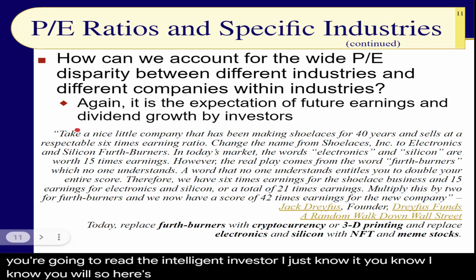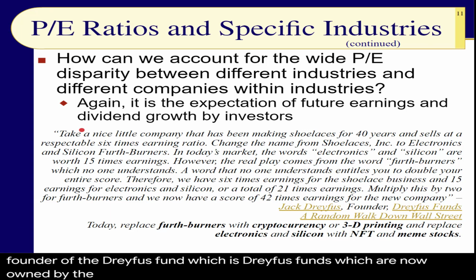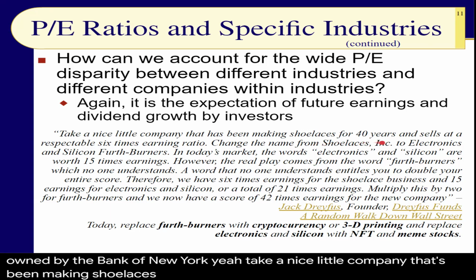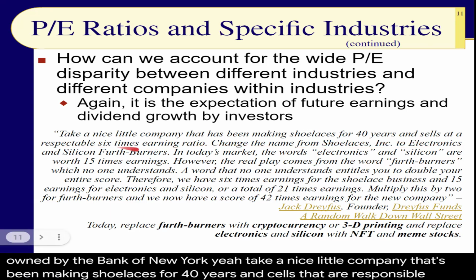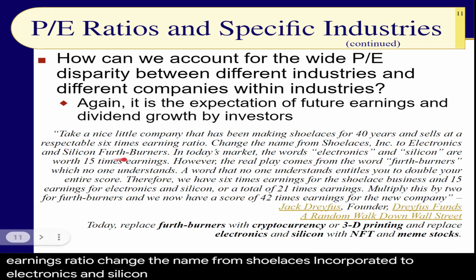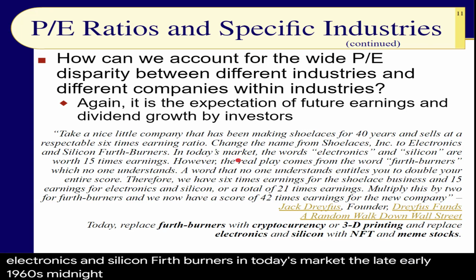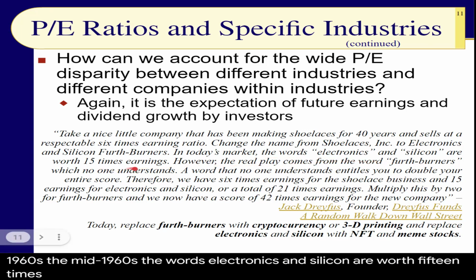So here's Jack Dreyfus, who was the founder of the Dreyfus Fund, which is Dreyfus Funds, which are now owned by the Bank of New York. "Take a nice little company that's been making shoelaces for 40 years and sells at a respectable 6 times earnings ratio. Change the name from Shoelaces Incorporated to Electronics and Silicon Firth Burners. In today's market, the early 1960s, mid 1960s, the words electronics and silicon are worth 15 times earnings.